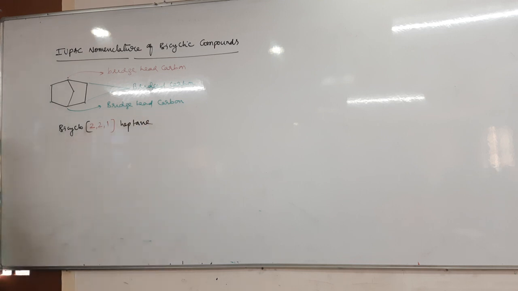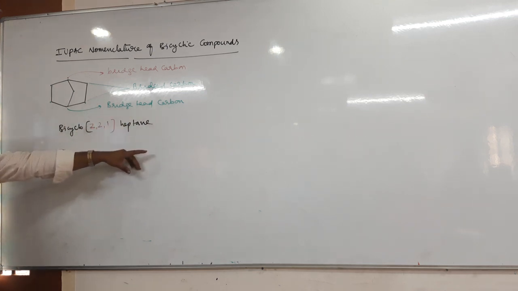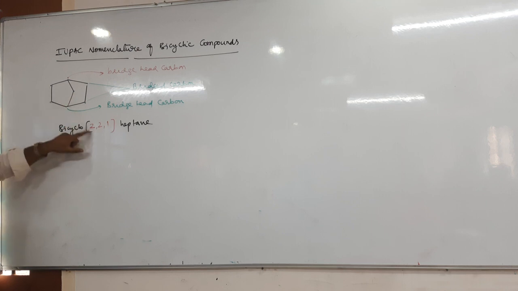I repeat once again, carefully. While writing the IUPAC name of a bicyclic compound, the word bicyclo should be written first. Then the number of bridged carbons should be written in a square bracket, in descending order, decreasing order. First the larger number of bridged carbons, 2, 2, 1.